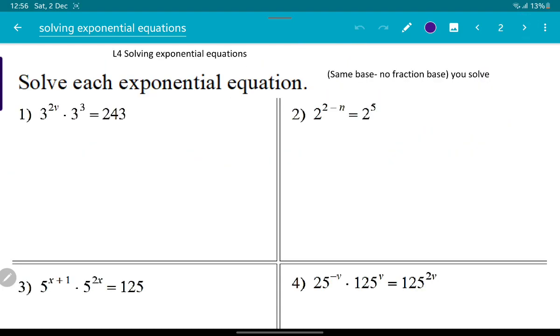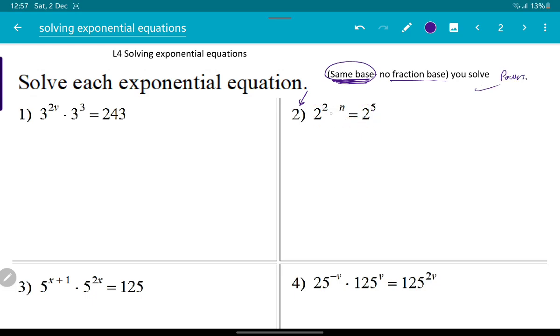Now we can move to the second part, when we want to solve an exponential equation. And take care of this, we need to have the same base and with no fraction base, then you can solve. For example, in number 2, we have the same base, so we can solve the powers or the exponents.